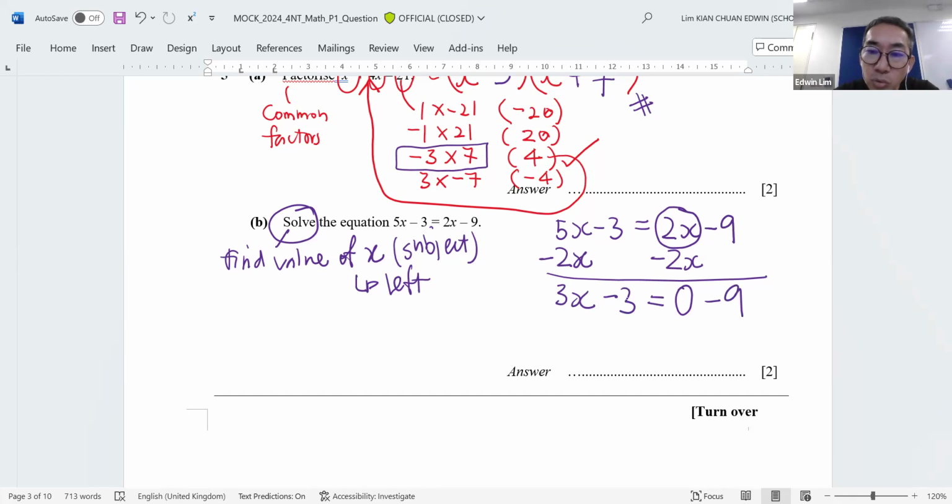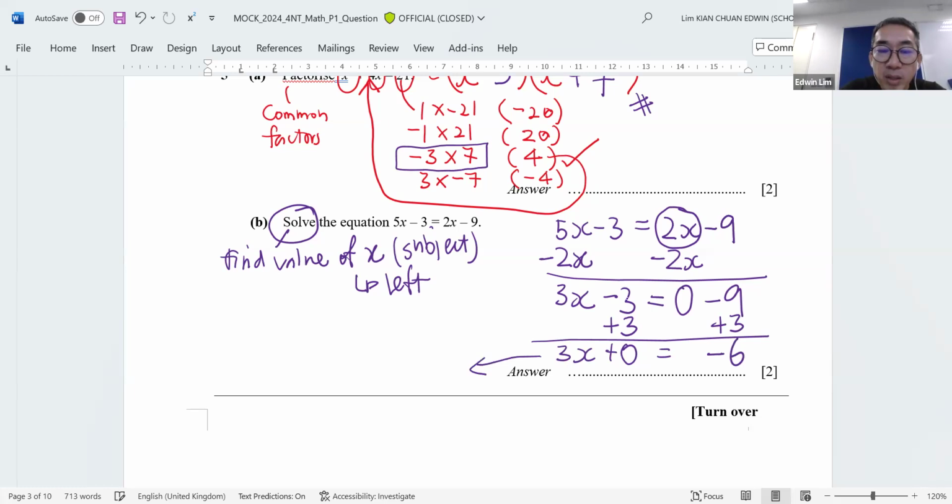The next step, since I want 3x to stay, I will get rid of my negative 3 by putting a plus 3 so that I have a 0. So it's 3x plus 0 equals, since on the left-hand side I plus 3, the right-hand side also plus 3. Negative 9 plus 3, I get negative 6.